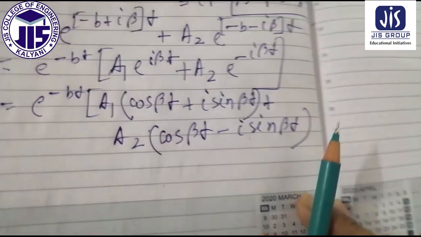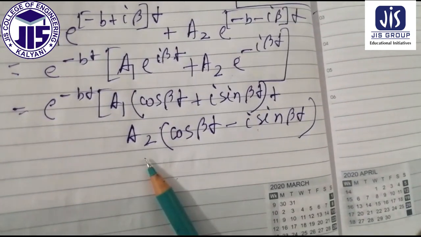So by this expansion we can get this line. Now what can we get from this line?